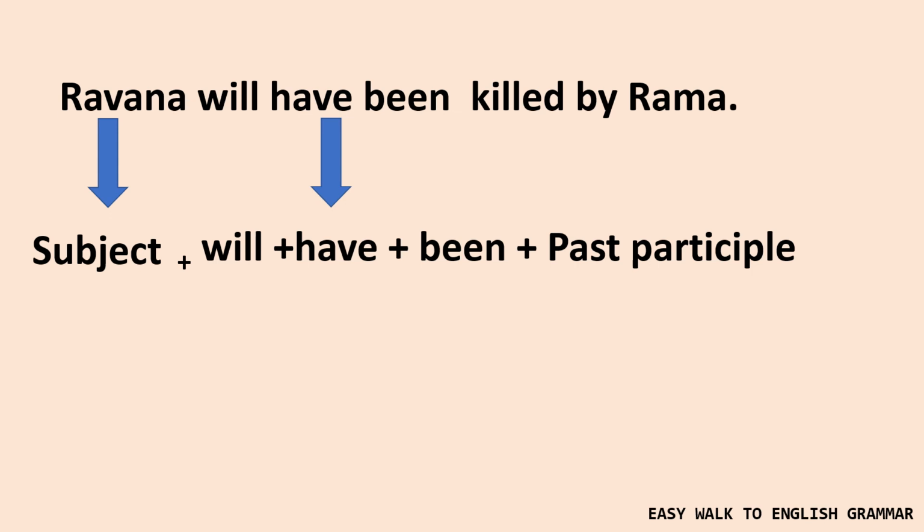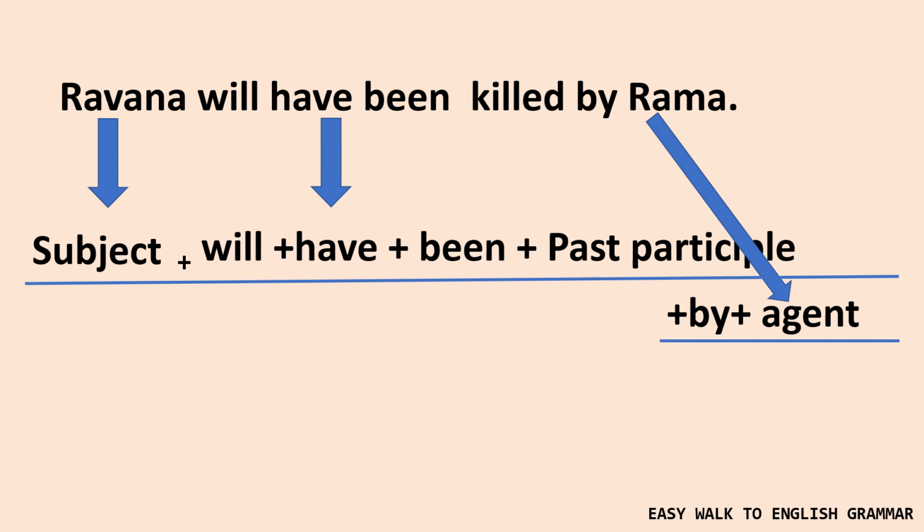We have to use whatever modal auxiliary we use in active voice. After the modal auxiliary, we have to give have, and after have, we have to give been, plus past participle form of the verb, plus by the preposition, plus agent. This is the passive voice format of the sentences where we use modal auxiliaries and have after modal auxiliaries.